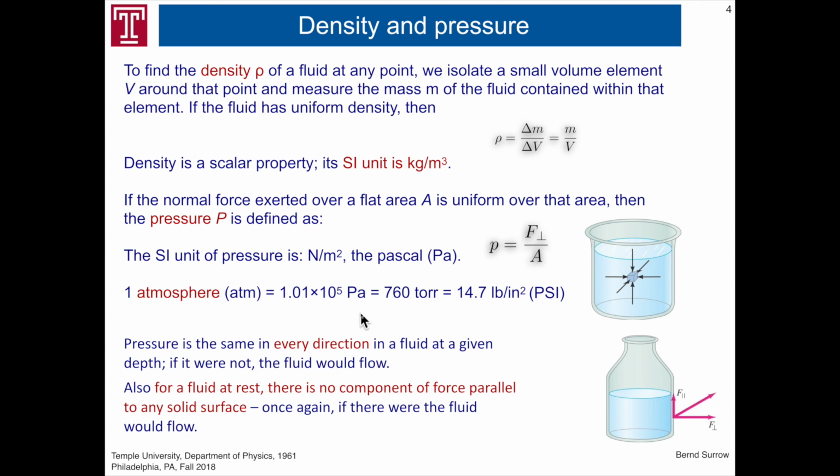So now how does that relate to the SI unit of pressure, Newton per square meter, which is 1 Pascal? 1 atmosphere pressure related to the air pressure is 1.01 times 10 to the 5 Pascal. That refers to 760 torr, or 14.7 pounds per square inch. And that refers to the unit of psi. I'll come back to that a little bit later.